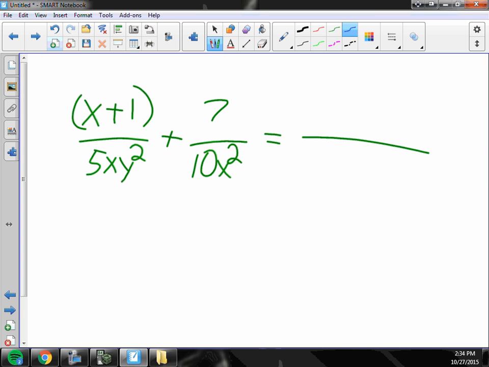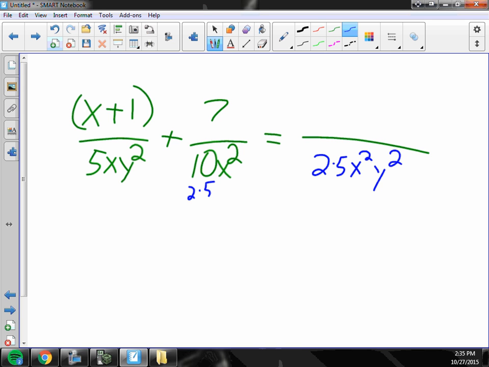What is the common denominator going to be? Well, this is 2 times 5. How many 2's does my common denominator need? Just a 2 times 1, 5 times x squared times y squared.